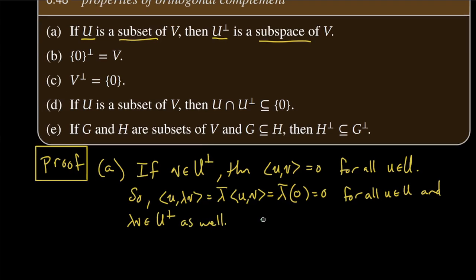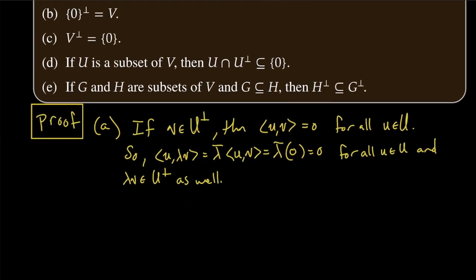Okay, so we've shown that if v is in U perp, then λv is in U perp. Here, λ is a scalar, for any λ in the field. I should have said that at the beginning, but it's fine to put it here.